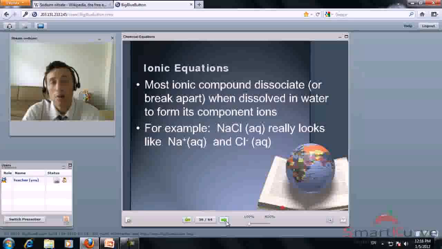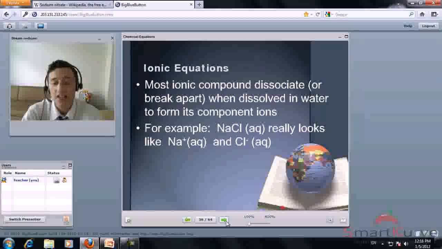remember our subatomic particles. We've got our protons that have a positive charge and our electrons that have a negative charge. So to have a charge of +1, like the sodium, we have to have 1 more proton than we have electrons.